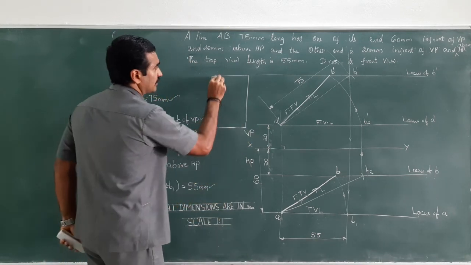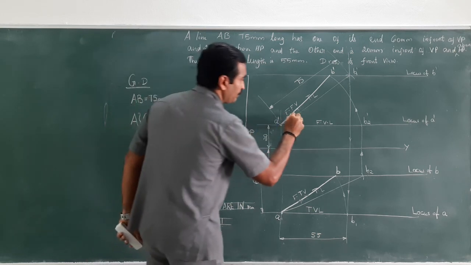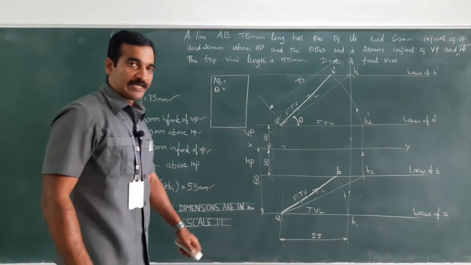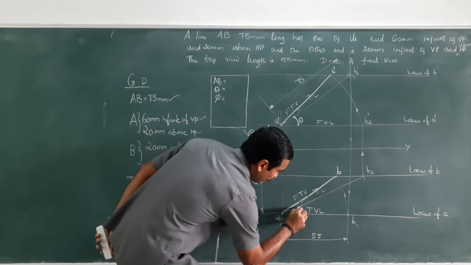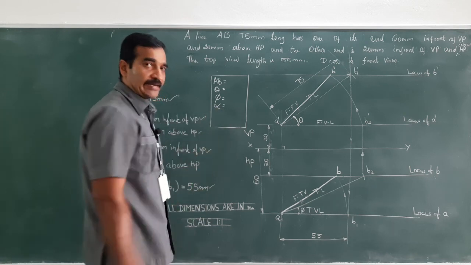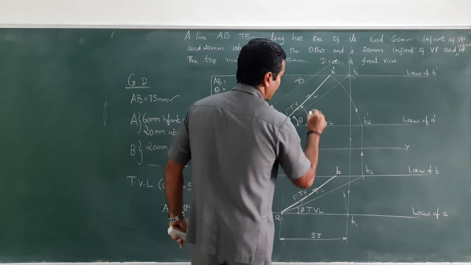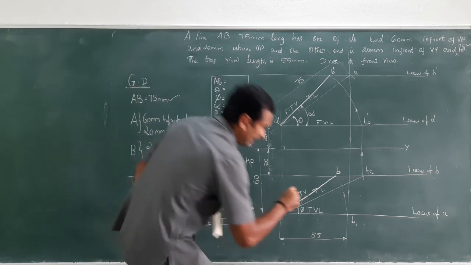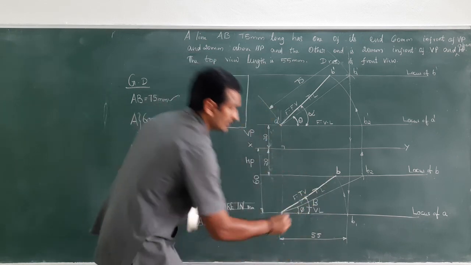What are they? It starts with AB, that is the true length, then theta, that is the true inclination with HP, and phi, which is the true inclination with VP, and alpha, which is the apparent angle of HP, that is alpha, and beta, which is the apparent angle of VP, beta.